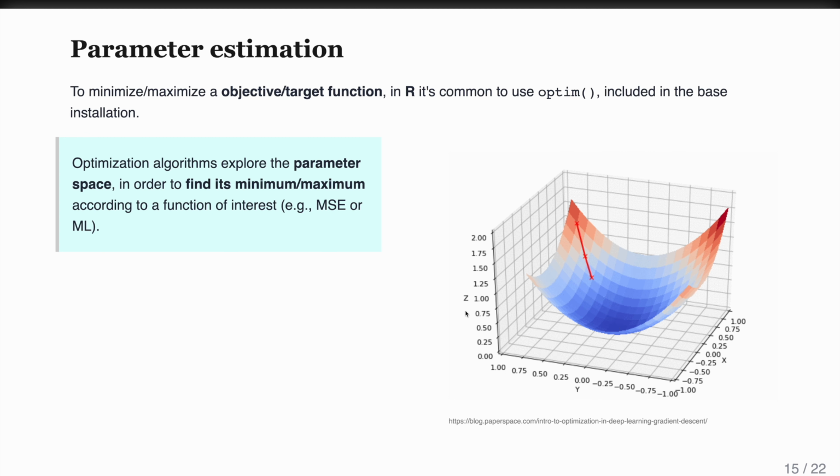With this beta and gamma, we will create a new simulation, and then we will compare this simulation with the observed data using, again, either MSE or ML. Optim will get the result of this comparison, see if it's good or bad, and produce a new combination of parameters to evaluate. The function will explore various combinations until it reaches a place in which it thinks that we found the minimum or the maximum of the problem.